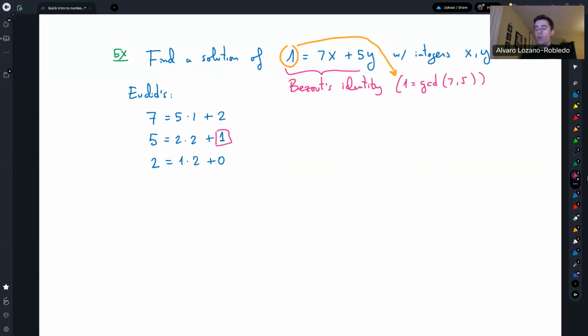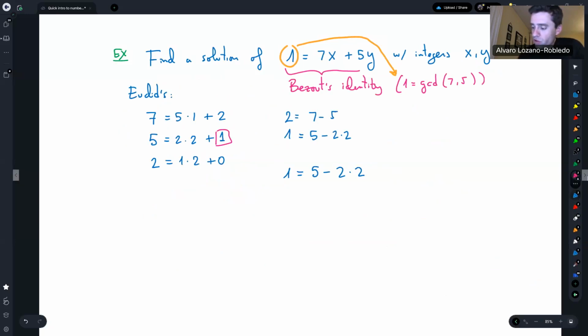And then what we do now is we solve for all the remainders, and we're going to use those equations in a moment. So I'm going to write 2 as 7 minus 5, and 1 as 5 minus 2 times 2. Because now I'm going to start with the equation 1 is 5 minus 2 times 2.